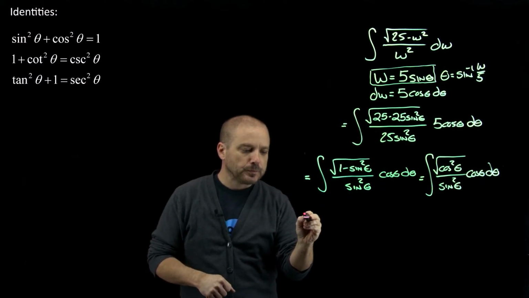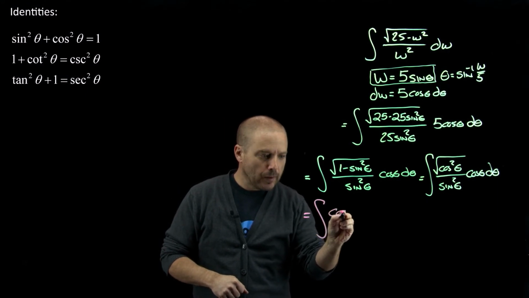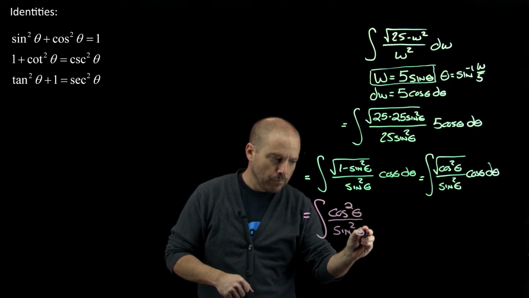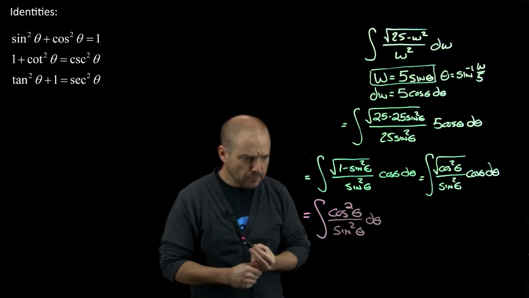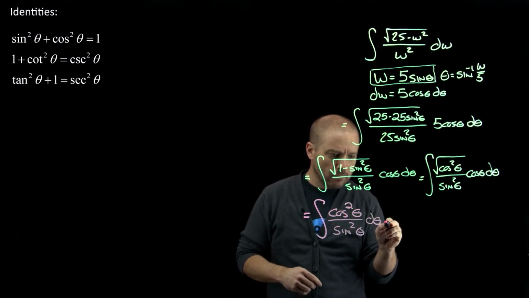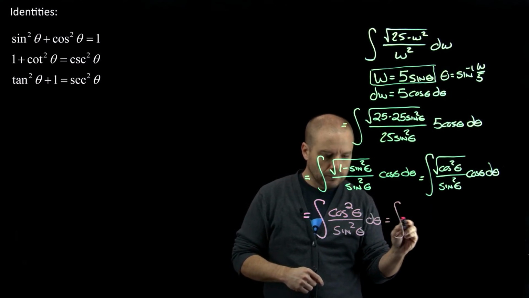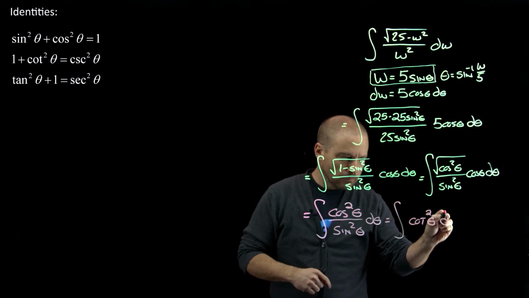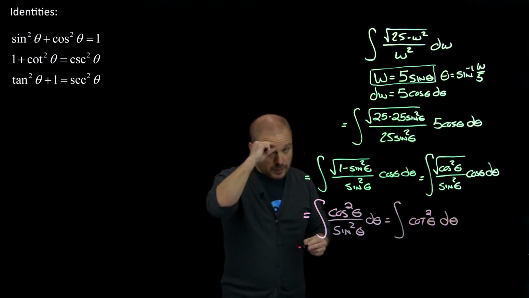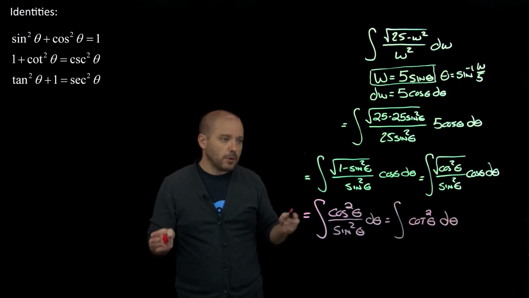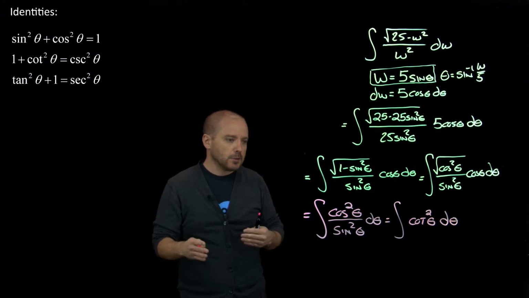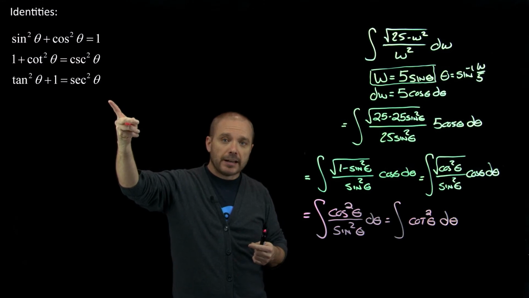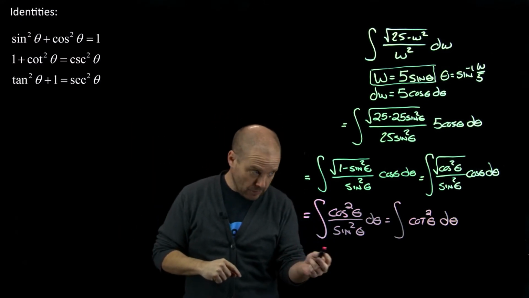So we have cosine squared over sine squared, which is just cotangent squared. And if you remember from our powers of tangent, and remember cofunctions work the same, we want to use the Pythagorean identity. That was how we handled powers of tangent.